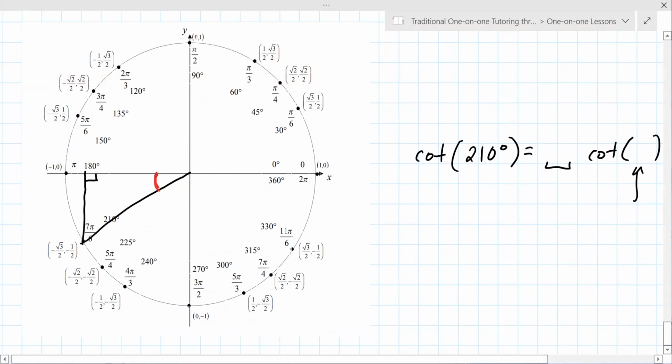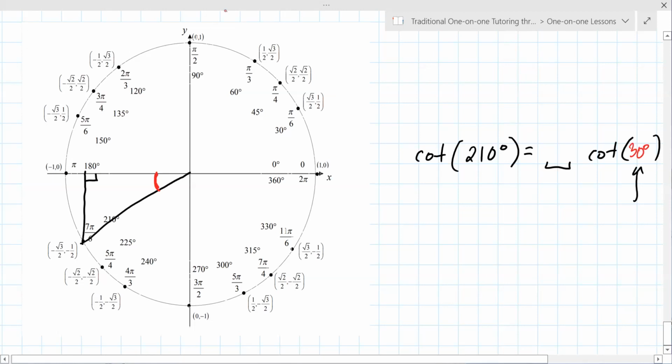Obviously, it helps to have that unit circle there, but sorry, do you have the angle here? 30 degrees. 30 degrees, okay.